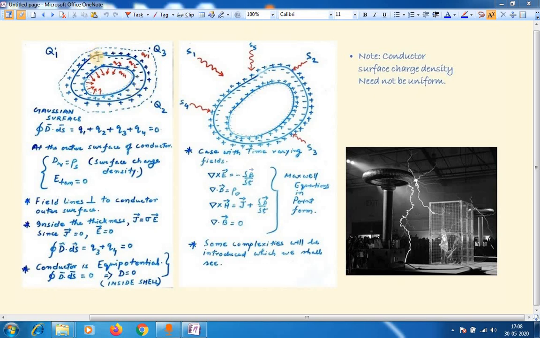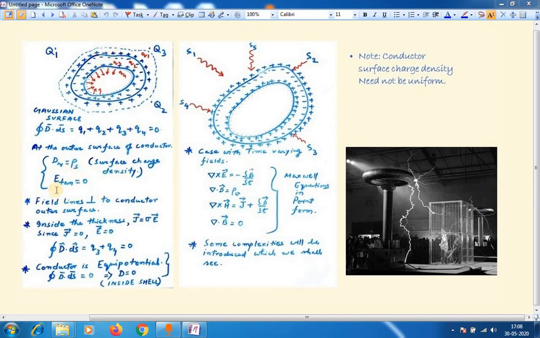If I draw a small closed path here and apply the closed line integral of the electric field, since the curl of the electric field is 0 for the time invariant case, E dot dl will be 0 for this closed path.